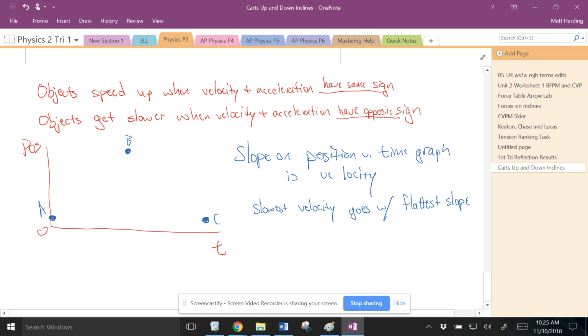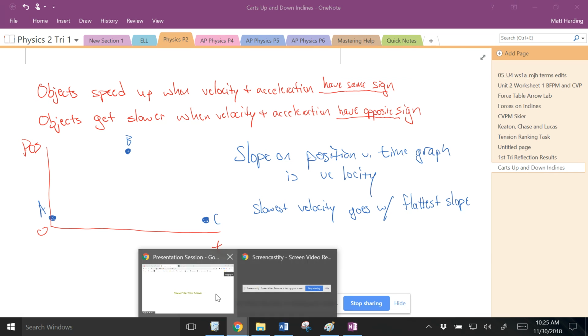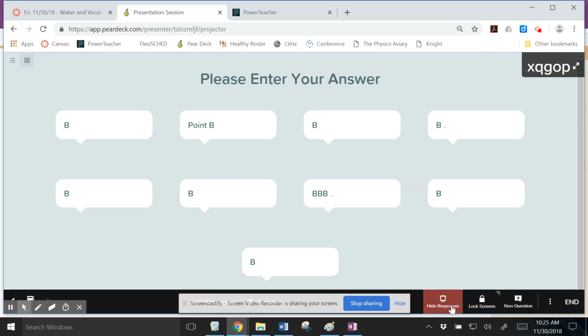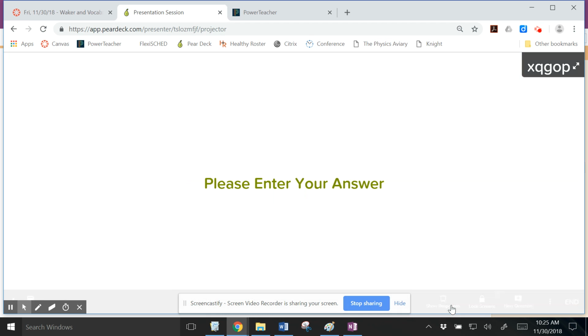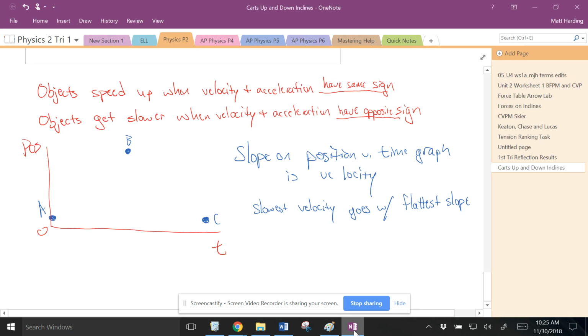All right, our friends are saying B. Good. So at point B, the graph should be relatively flat.